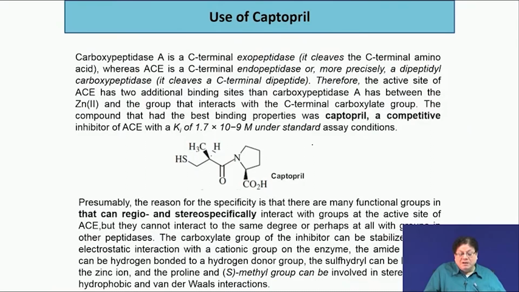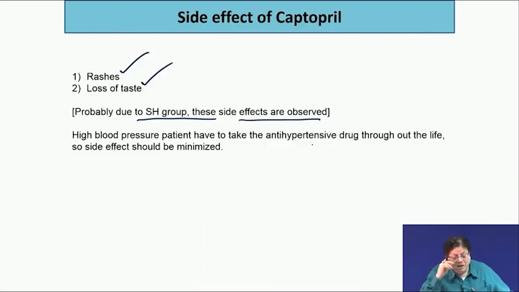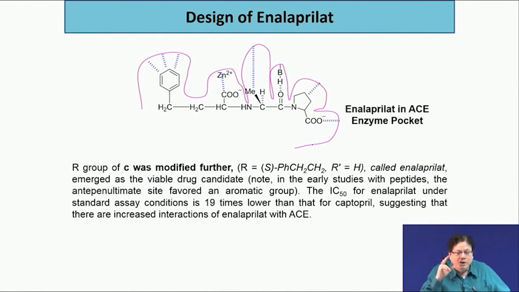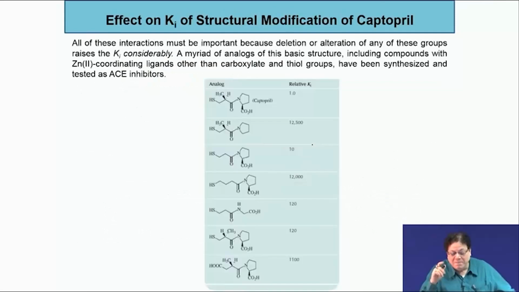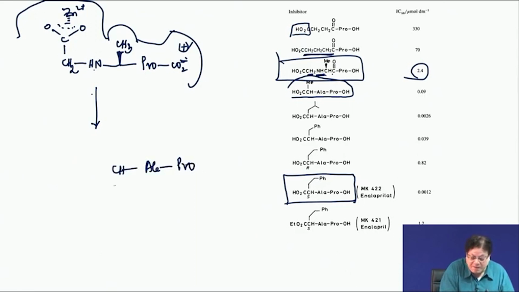Now, let us again go back. So, these scientists have not utilized that S1 pocket yet. So, that has to be utilized. What they did now, in order to develop enalapril or enalaprilat, they have a proline, they have alanine, they have this CH, and then on the CH they have this CO2 minus, which is a chelation to the zinc.